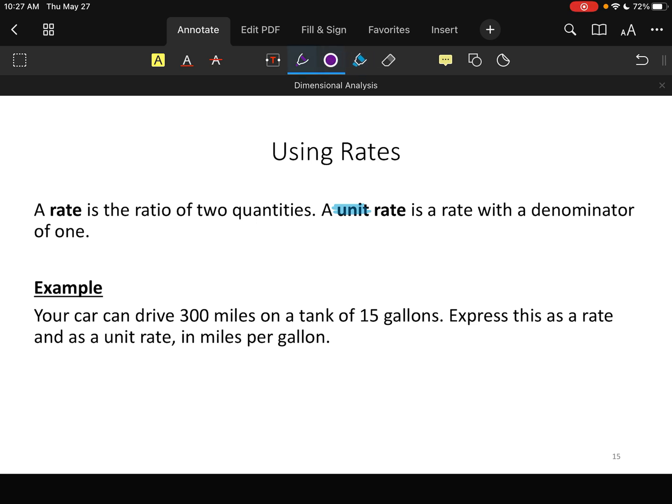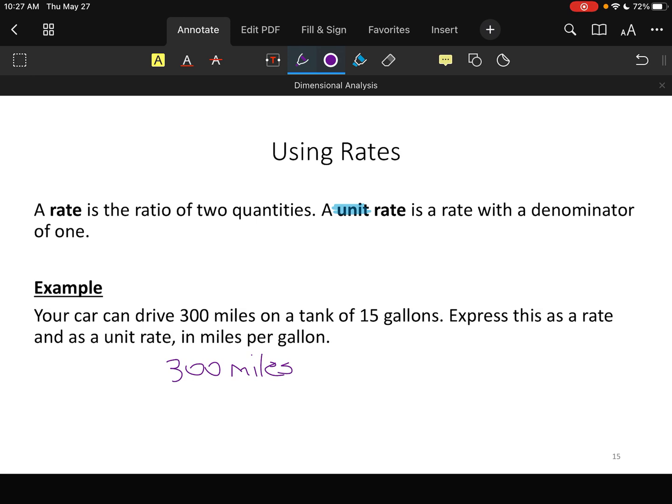So let's think about a car. You drive 300 miles, and it's a 15-gallon tank, so it's probably a mid-size sedan. We want to find the unit rate. Let's be careful, because I didn't even read the problem.